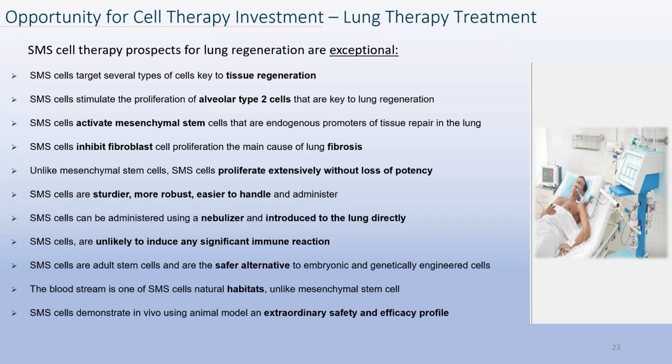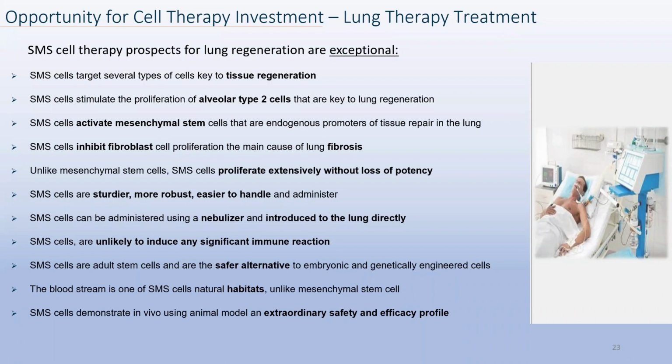I will summarize it now. SMS cells will target several types of cells key to tissue regeneration, as has been shown in the bench many times. SMS cells stimulate the proliferation of alveolar type 2 cells that are key to lung regeneration.